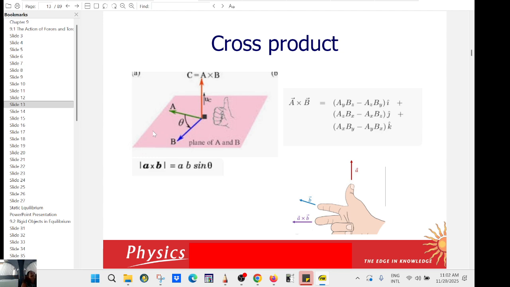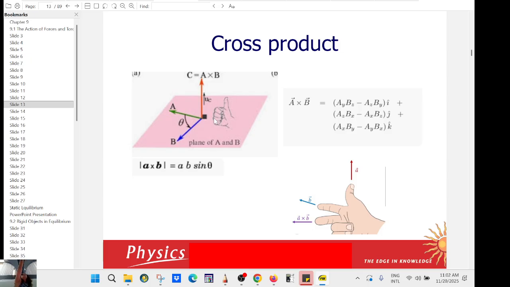So when you dot, you use cosine. When you cross, you get sine. Dot, you get a scalar. Cross, you get a vector. You can also use components here, like we did for the dot, and you can use a matrix. The other way to do cross, you go A, B, C. It's a right-hand rule.